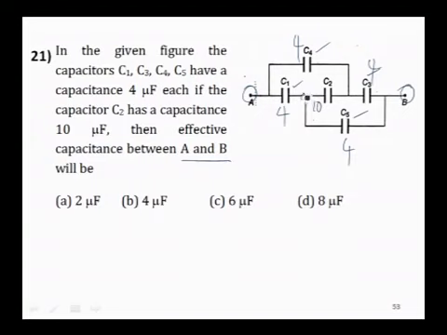So notice that if you take out these 2 points, this and this, imagine that you are stretching out like this and then writing it in this form.